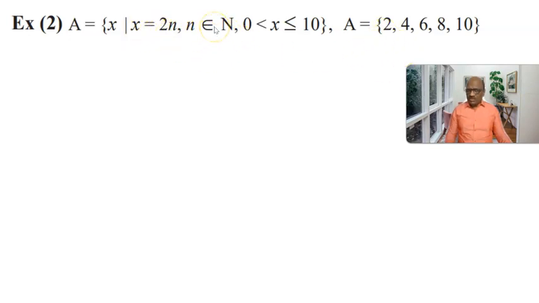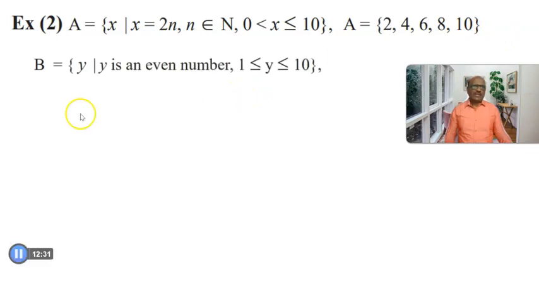नॅचरल नंबर मध्ये 2 घेणार आपण, नॅचरल नंबर मधला 2 into 2 4, 2 into 3 6, 2 into 4 8, and 2 into 5 10. x ची व्हॅल्यू कशी आहे? It's greater than 0 and less than or equal to 10, म्हणजे इवन नंबर्स पाहिजे आपल्याला, 2 4 6 8 and 10.